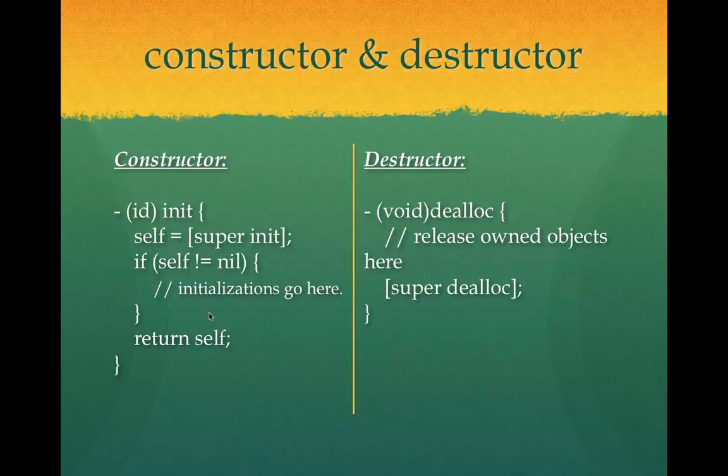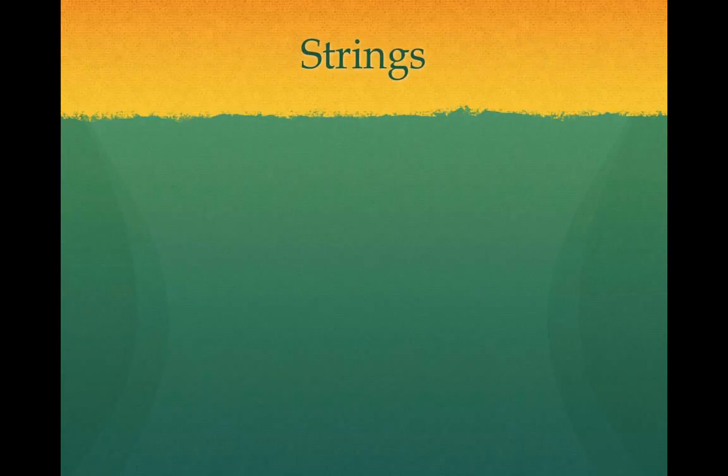You just have to initialize and release your objects with these two. Okay, I'll be dealing with this more later on. I just want to skip to the next point, which is strings. So, how to declare a string in Objective-C.